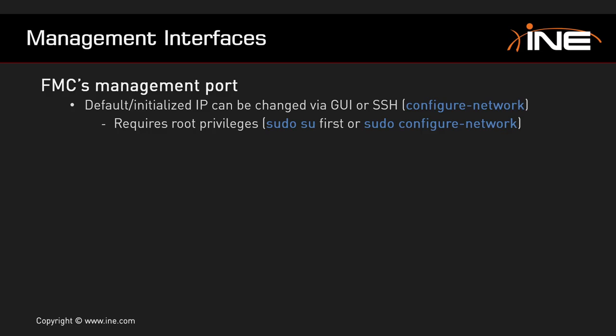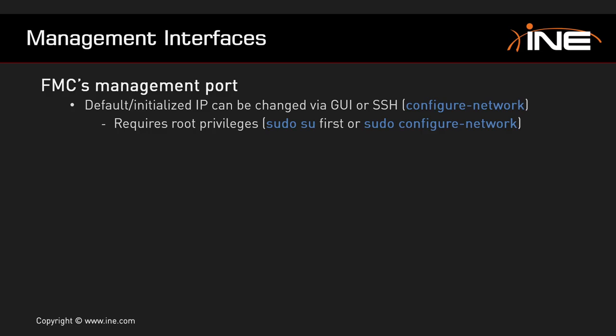Now, it is still going to be possible to change the management IP address allocated to the management interface of FMC, which can be done using the configure network command. But this command is going to require special administrative rights on the underlying Linux operating system, which is what FMC uses as its underlying OS.